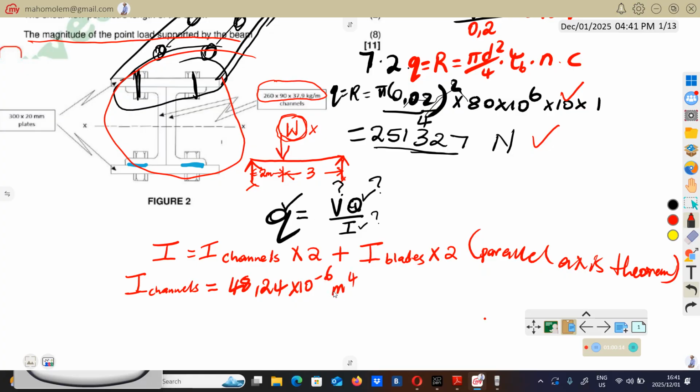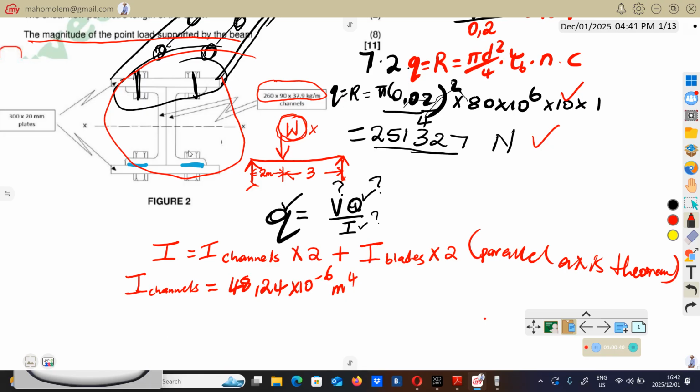But remember those properties that you see at the back of the steel table, those are for one profile. So this 48 is for one profile. If you want to know the total resistance of these two, then we have to multiply this by 2. You can multiply by 2 now or at a later stage.